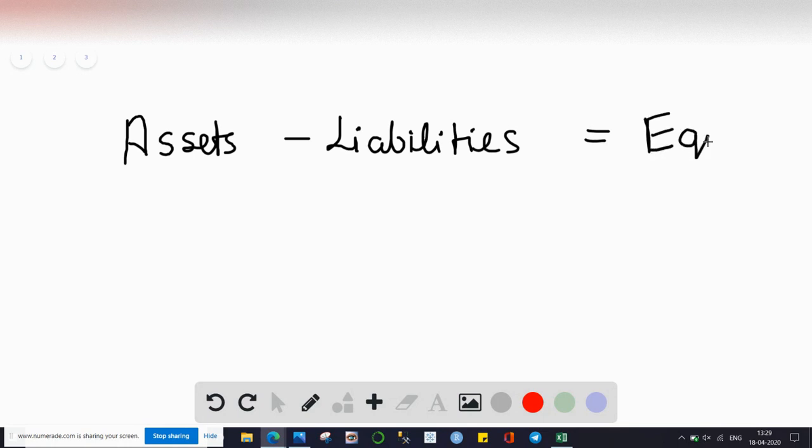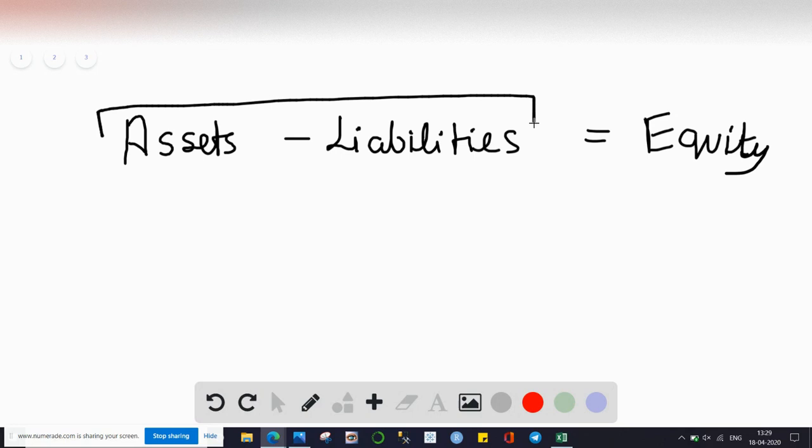Now what has been stated in the problem: when the current month utility bill is paid, what type of impact will it have on both sides of the equation? This is the left hand side of the equation, this is the right hand side. Don't confuse this with assets or liabilities. No, that's not the meaning actually. These are both sides of the equation.